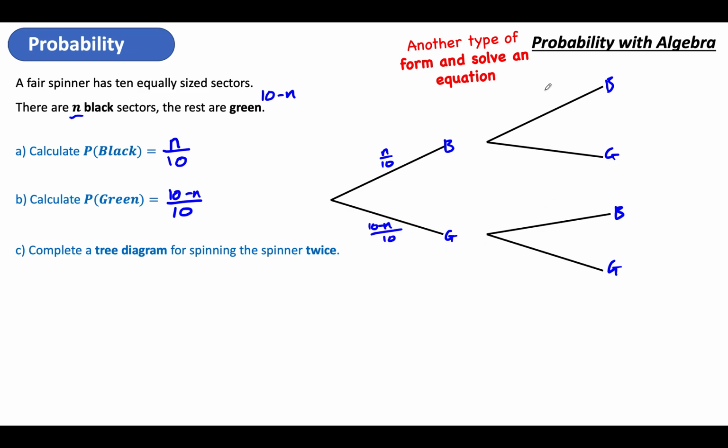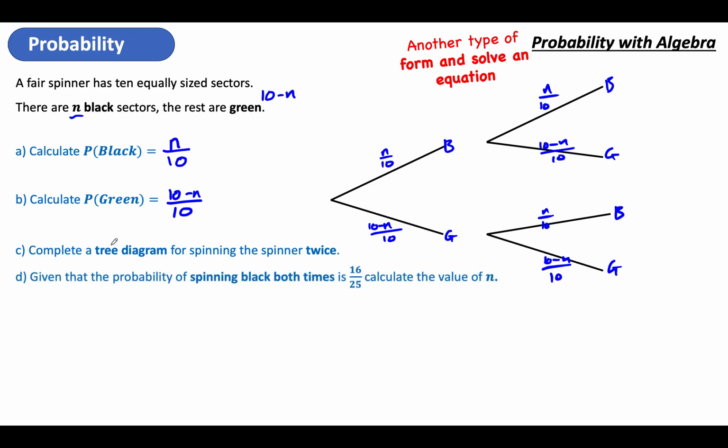And actually these are independent events, the one spin doesn't affect the next spin, not unless you break the spinner. So the probabilities will be the same on each set of branches. So that's the tree diagram done as well.